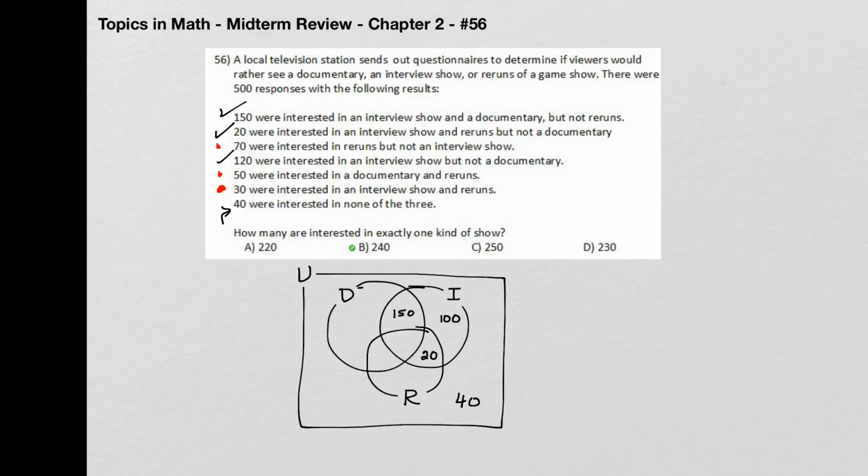And let's see. What else do we know about interview show? 30 were interested in an interview show and reruns. Okay, so that's going to be interview show and reruns. That's here, and there's 30 of them.